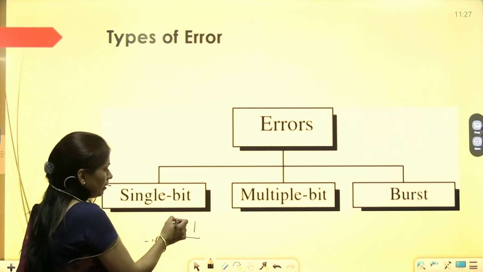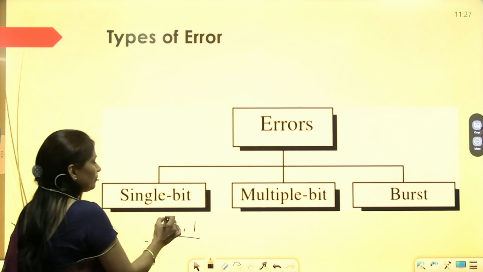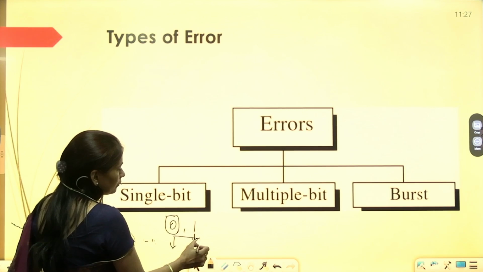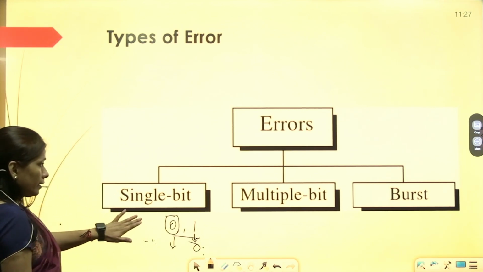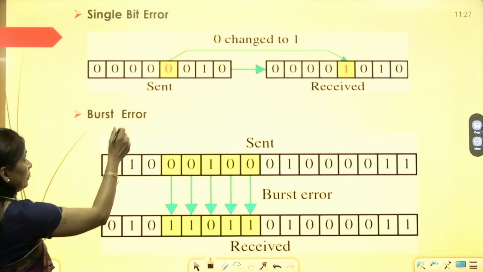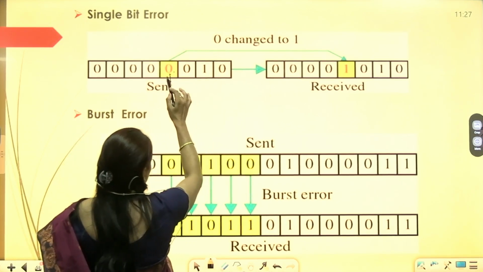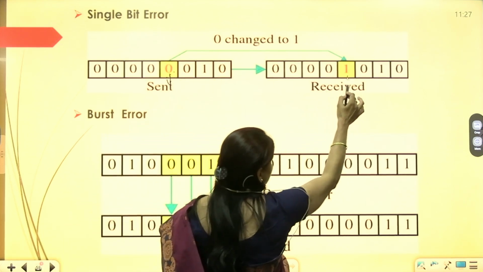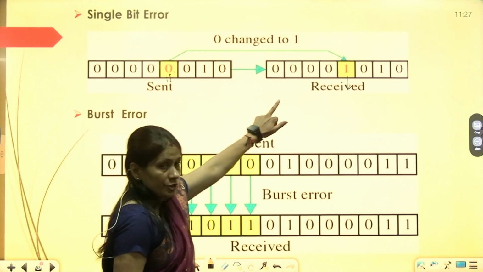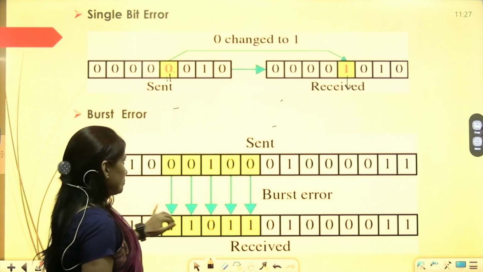So an error means 0 is converted into 1 and 1 converted into 0. Single bit error: only one bit is changed, like the message is 0 and the receiver side receives 1. Only one bit is changed, and the error can occur during the transmission.